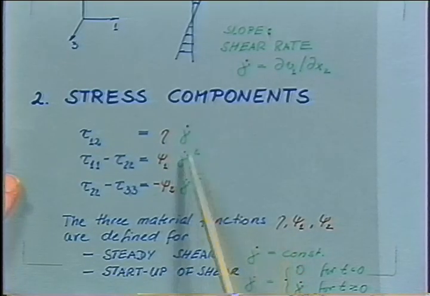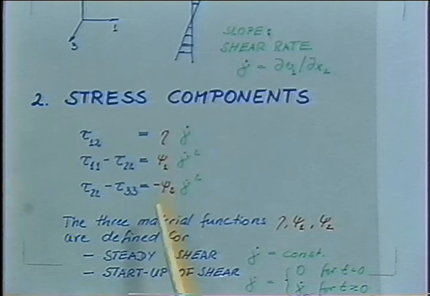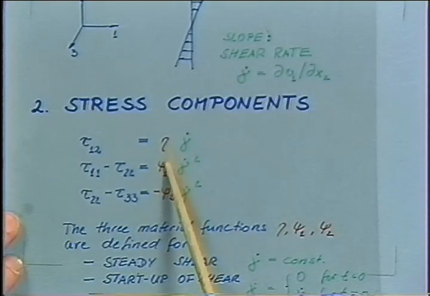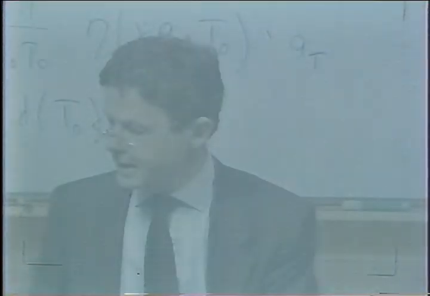We would measure those three functions at constant rate of deformation. That would be the objective of capillary rheometry. In a rotational rheometer, where we look at transients, we would look at the same material functions, but time dependent, as the transient behavior of those material functions. So here we look at steady shear flow.